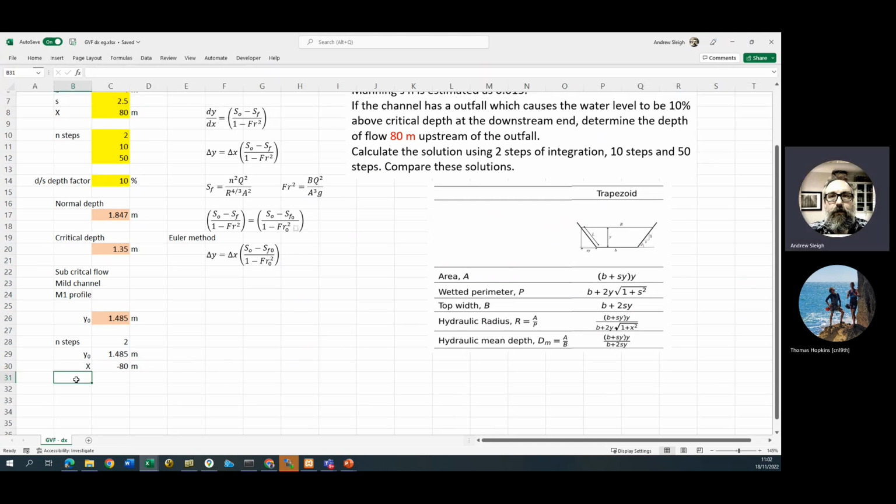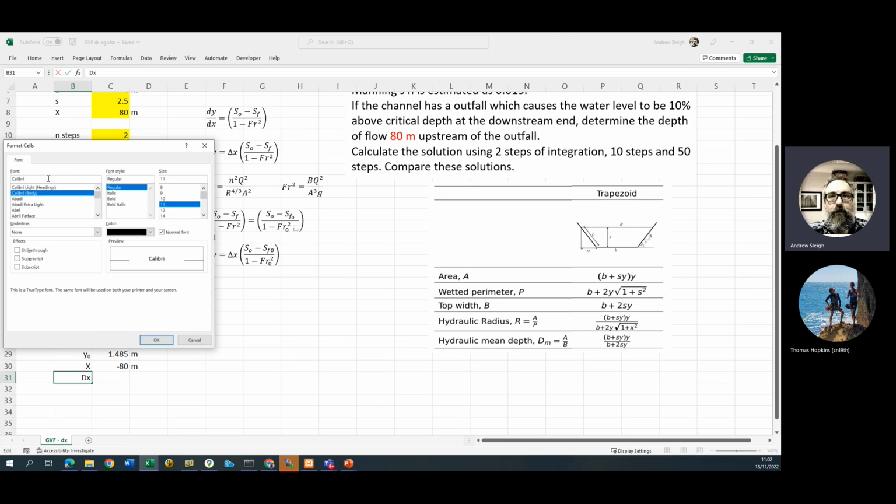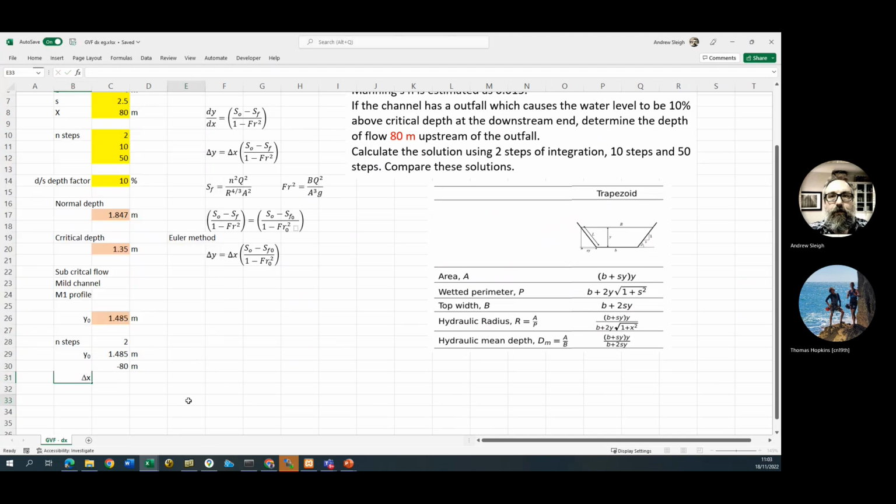And we need to calculate the delta x, so I'll format the cell and get the symbol font, and it will show a nice delta. Delta x is equal to x divided by the number of steps we're taking, so it's 40 meters. Easy.